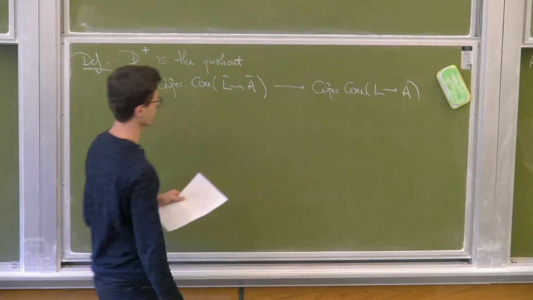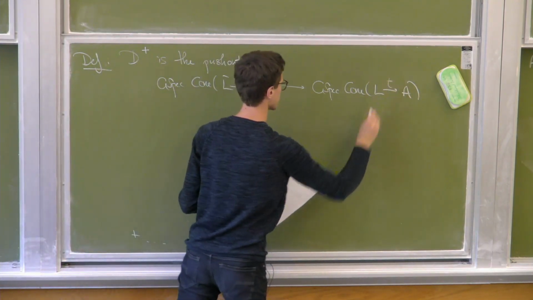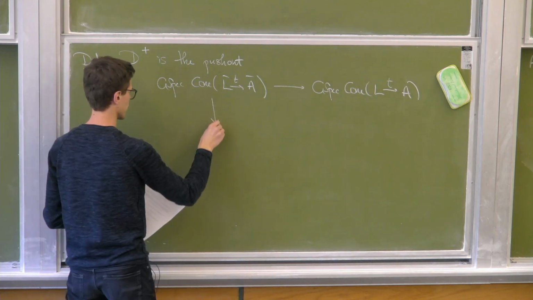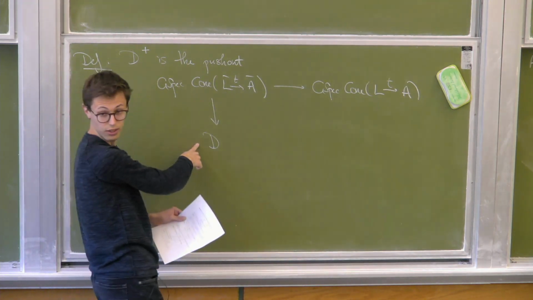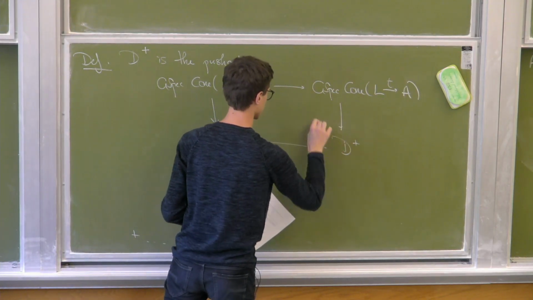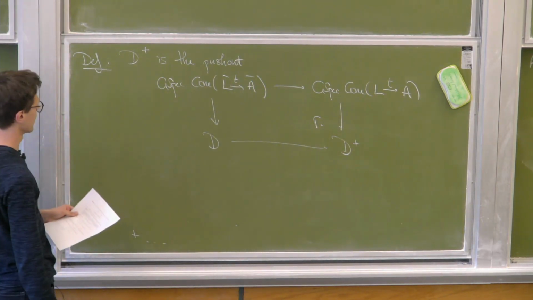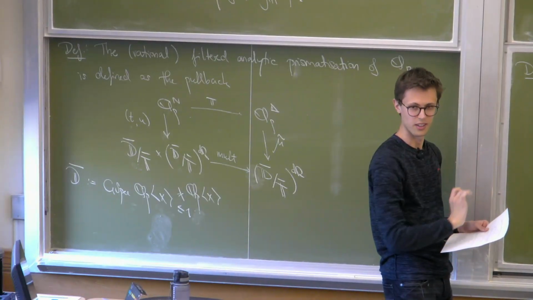It maps to a spec of the cone of L to A, so these are always T. And now here I take this map from here to D, which I just constructed. And this pushout is supposed to be D plus. And again, the pushout is supposed to take place in derived Berkovich spaces.